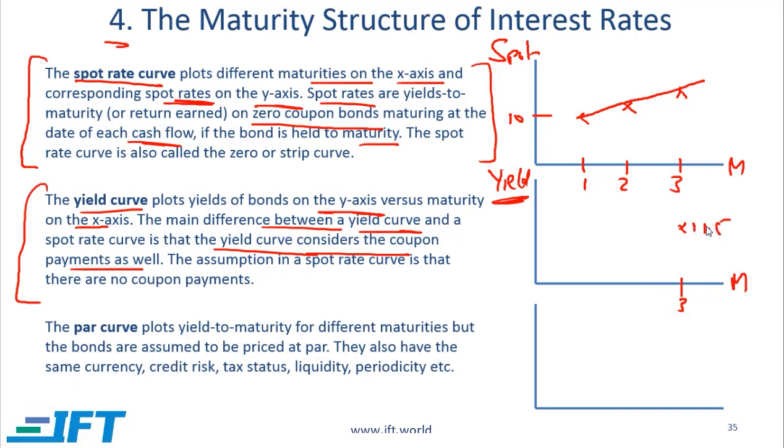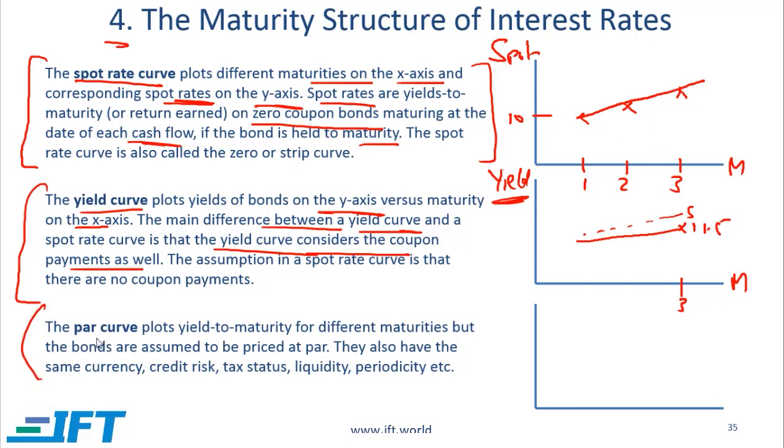That is the yield to maturity, assuming you are holding a 3-year coupon paying bond to maturity. You don't really need to know this, but generally speaking, if you have an upward sloping yield curve, then the spot rate curve will be above the yield curve. But the larger point here is to recognize that the yield curve plots yields against maturity and the spot rate curve plots spot rates against maturity.